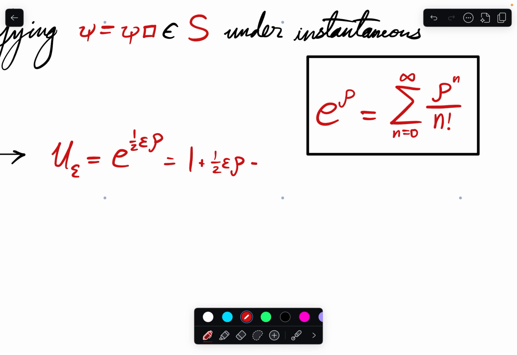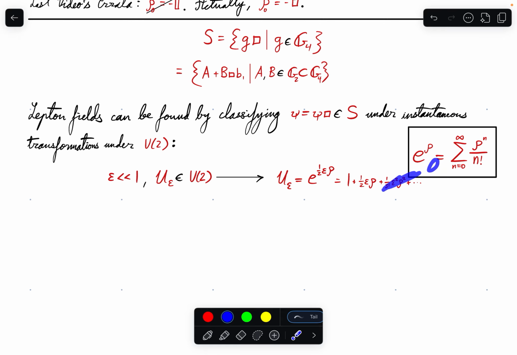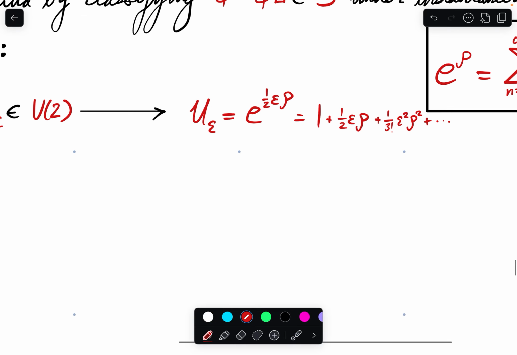And then the next term will be plus 1/3 factorial epsilon squared rho squared, and we'll keep going. However, if you have an infinitesimal value epsilon, then all the terms here are going to vanish. They're going to go to 0. And so we can say that this is, in practice, equal to just 1 plus 1/2 epsilon rho here.